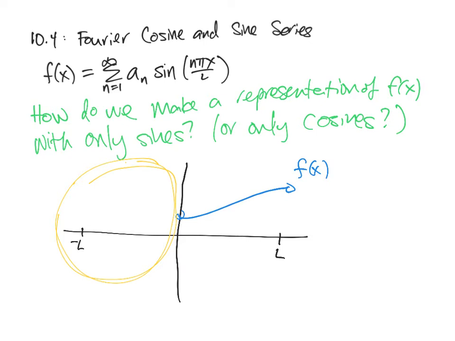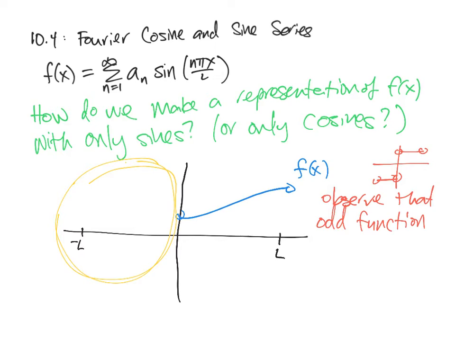Another observation from the example I did in the last video is that the example we did was the negative 1 and 1 function that looked like this. And that was an odd function. So we observed in that example that for odd functions, all of our cosine terms were 0.